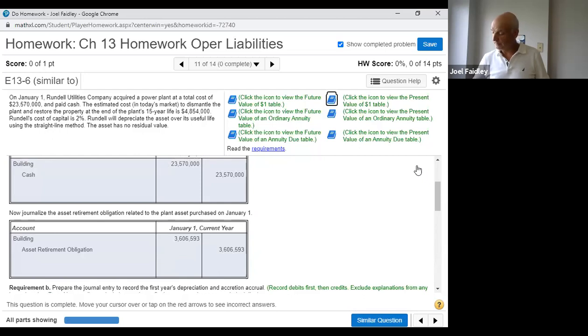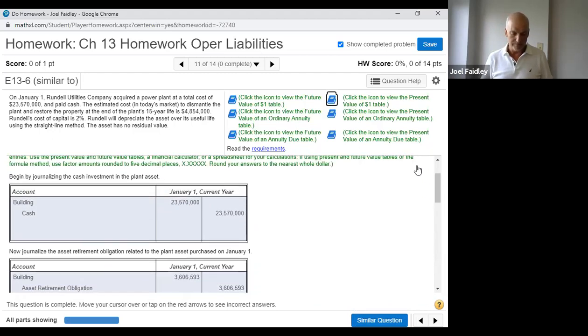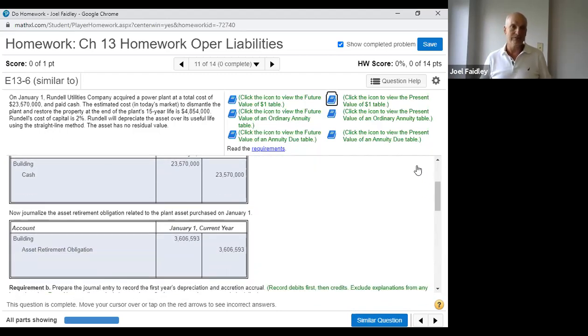All right, so present value says it's 3,606,593. If we multiply that by 1.02, 15 times, you would get that future value that your engineers and environmental people have given you as the obligation. So there we've got two assets. We've got the asset like you learned about in 3010, 23,570. We're going to depreciate that over 15 years, zero salvage.